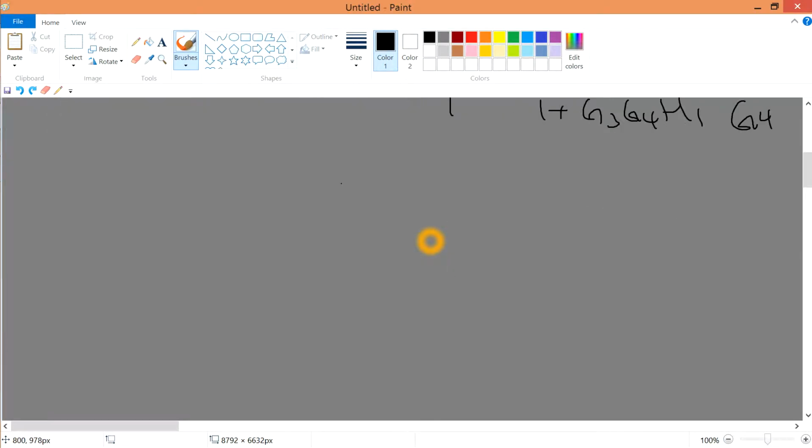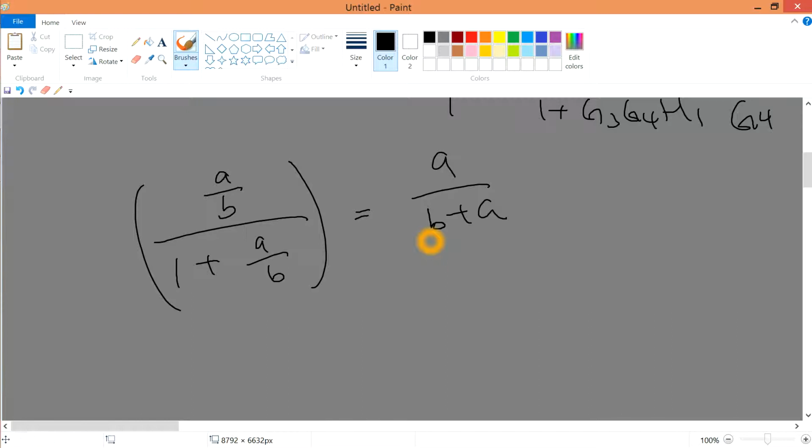If you have a simple case, a over b over 1 plus a over b, this equals ab plus a. If you don't know this concept, I'll share it with you. You just multiply everything by the denominator b. Then you have b over b, which equals 1, so you didn't change anything in the equation.